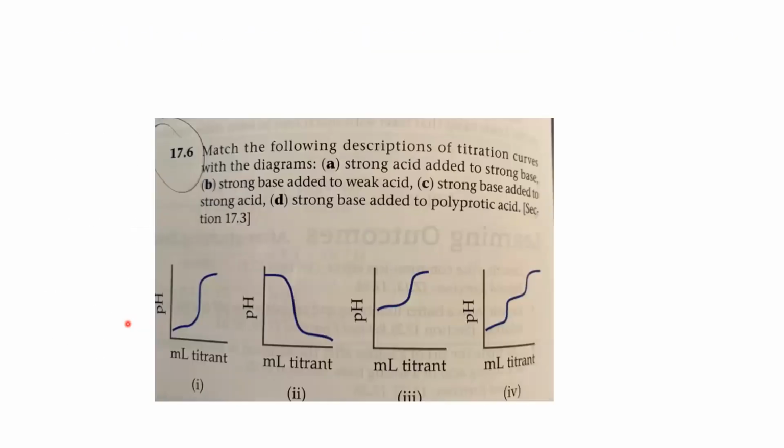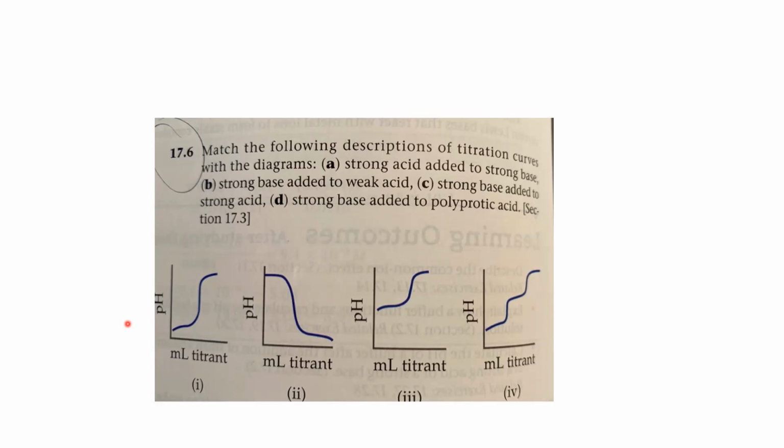And then with the next one, we're looking at different titration curves. And we've got different descriptions for what these acids and bases could be. So not specific, but just strong acid, weak acid, strong base, weak base, polyprotic acid. We could have different combinations of those types of solutions.